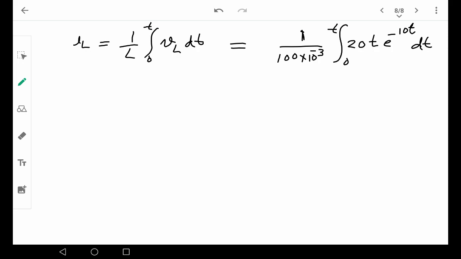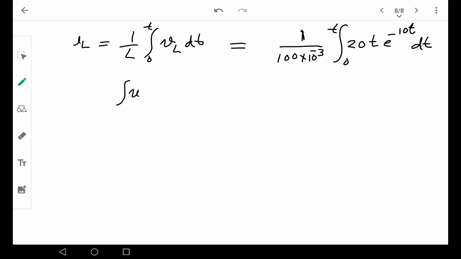Now, 20t e raised to minus 10t, what I feel is we can use the equation for integration by parts, right? Suppose you have an integral uv dt.